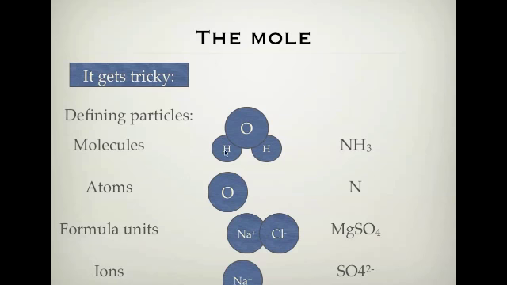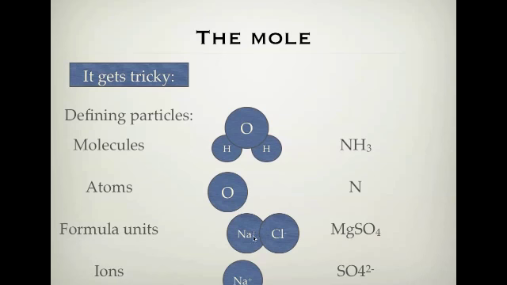Molecules are atoms which are joined together, compounds joined together, elements joined together. Atoms are just the single ones. So within this molecule of water, you have 3 atoms: hydrogen, oxygen, and hydrogen. Formula units are things like ionic compounds, which we'll learn a bit more about later on. But they are things that repeat again.